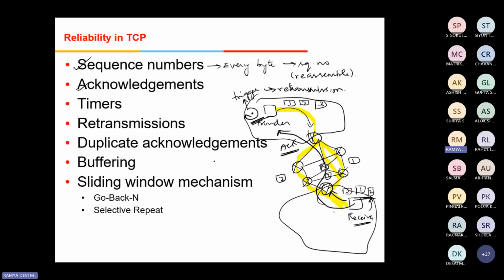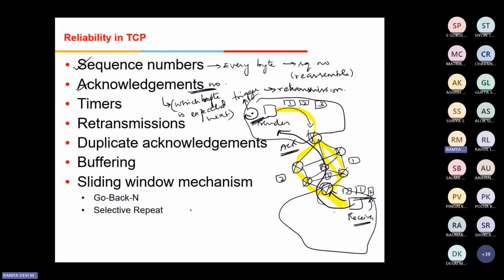Okay. So acknowledgement numbers. What is the acknowledgement number? The acknowledgement number always tells the sender which byte is expected next. Okay, that is very important.